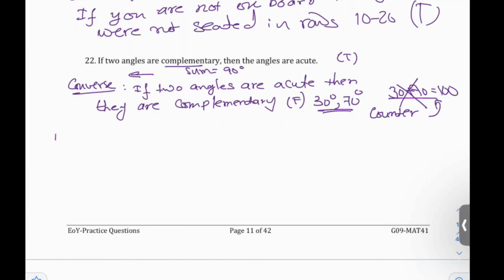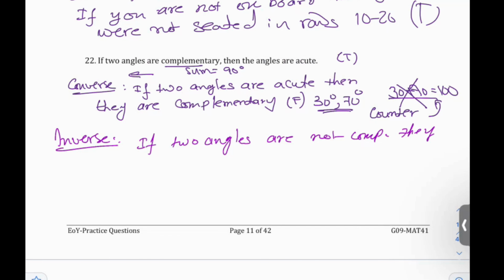Now, moving to the inverse, we said that it's the negation of the original one. So if two angles are not complementary, then they are not acute. Negation leads to negation. Is this true? Even without thinking, I will say false, because we said that those are logically equivalent.